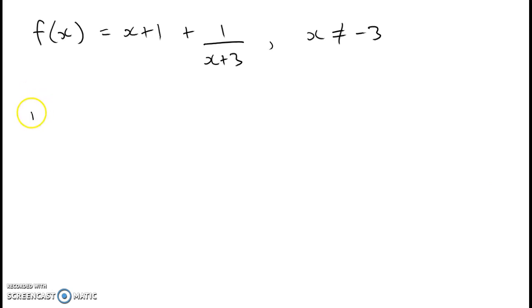The first thing we want to consider is the behavior for very large x values. Now, if we look at this function here, if I was to substitute in a very large x value into this fraction over here, this fraction will become closer and closer and closer to 0 the bigger this x value is.